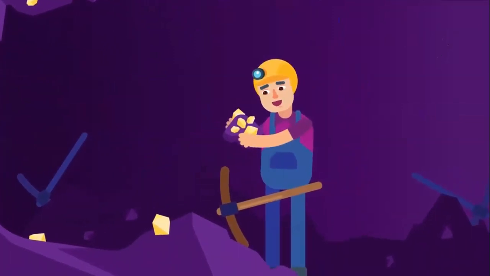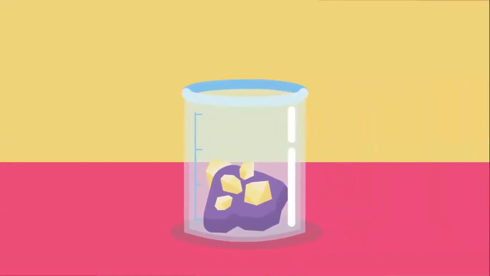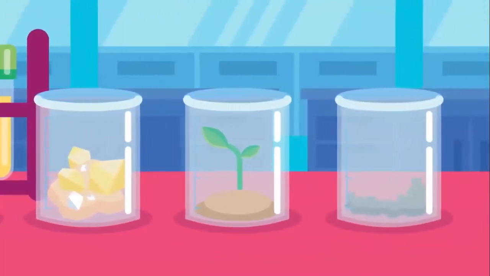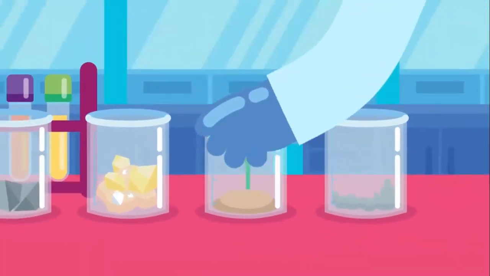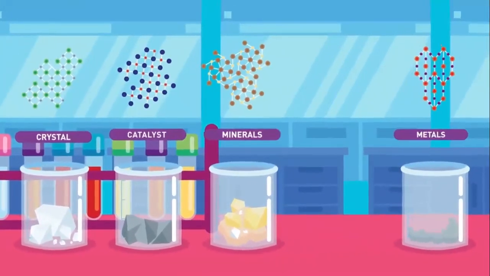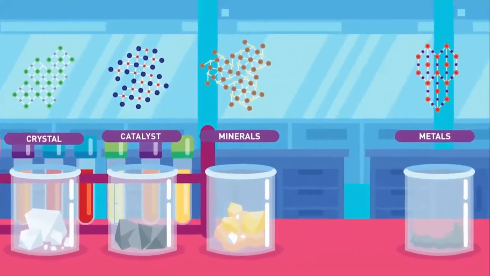How do we extract other metals from the Earth's crust? What are their properties? How can we use them? How do they react with other compounds? It will cover all the materials except the living organisms. So we'll study about crystals, catalysts, minerals, and many other compounds.